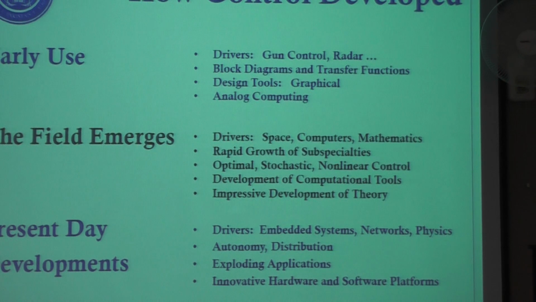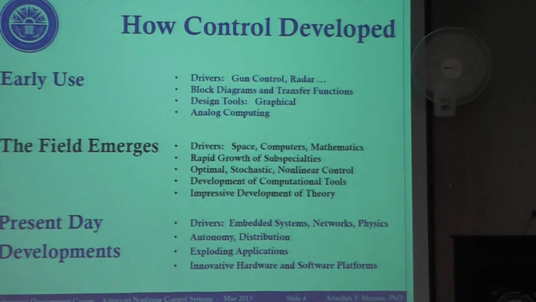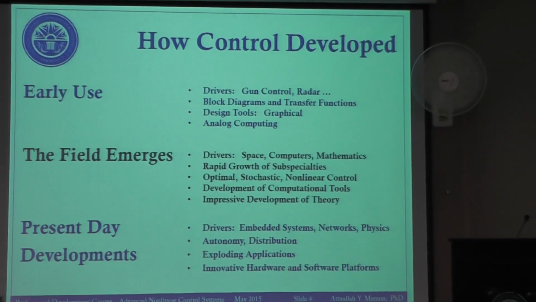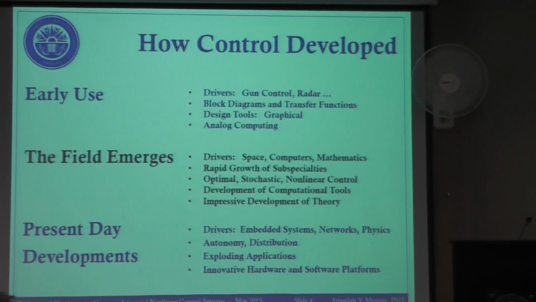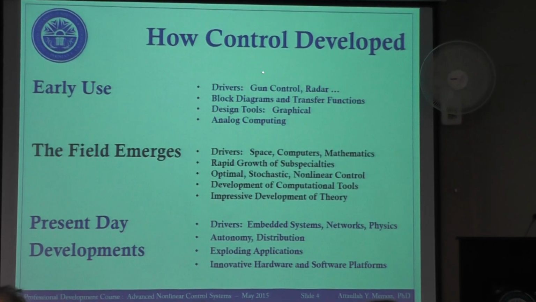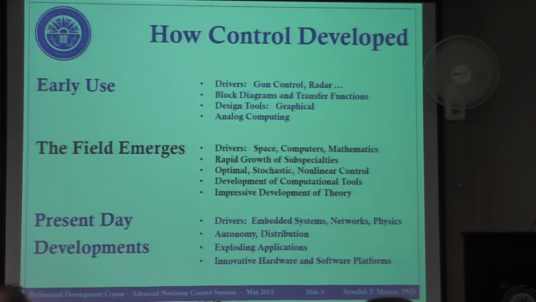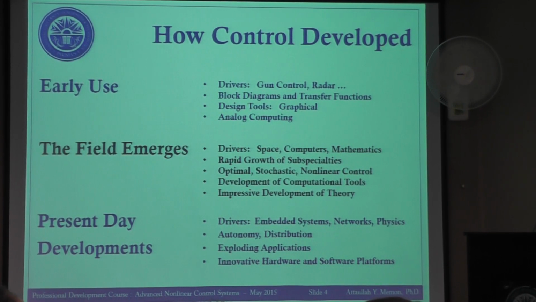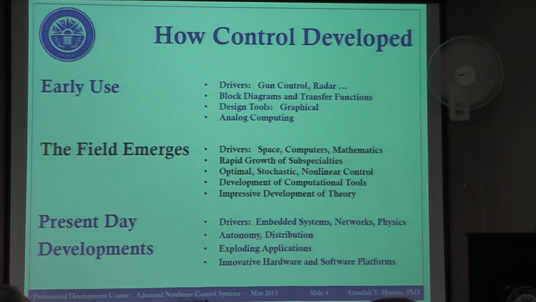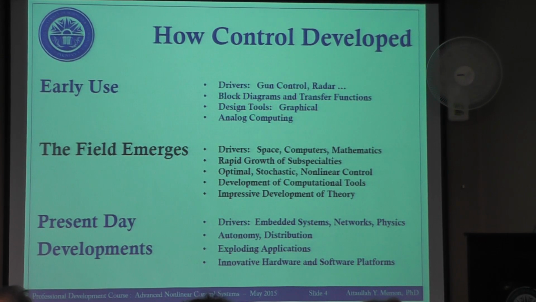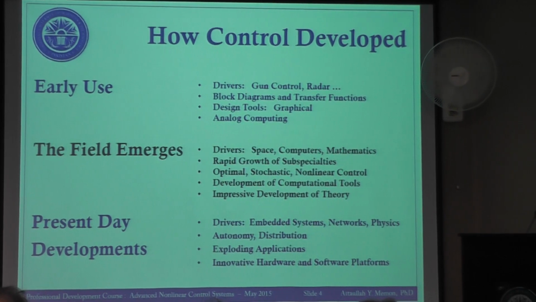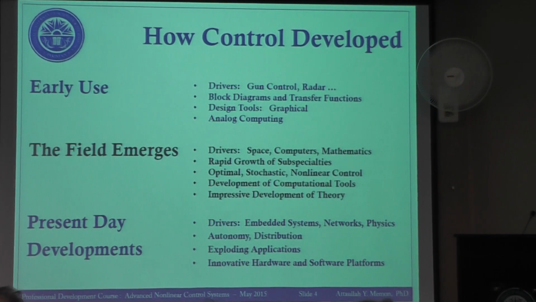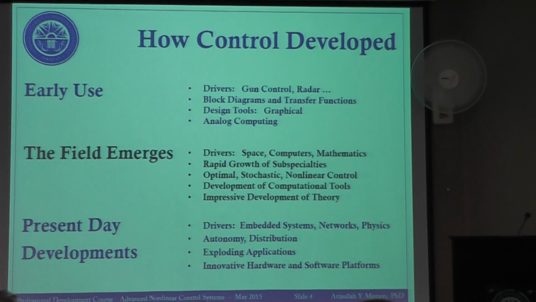How did control develop? I know most of you have the idea and have the background. Early use was dictated by gun control or radar control when it was the First World War or earlier. The techniques then evolved based on block diagrams and transfer functions.